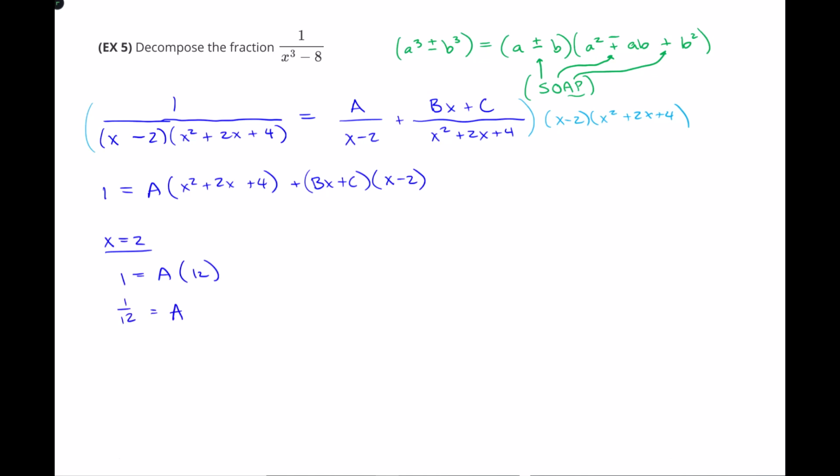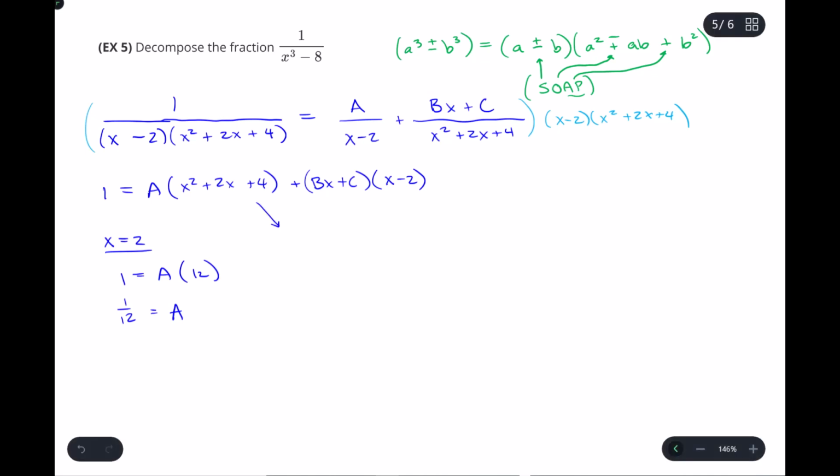Now that's a good start, but we don't have any other strategic values of x that we could work with. So I need to start working on a method similar to the method of equated coefficients. So plug in the 1/12 for a.